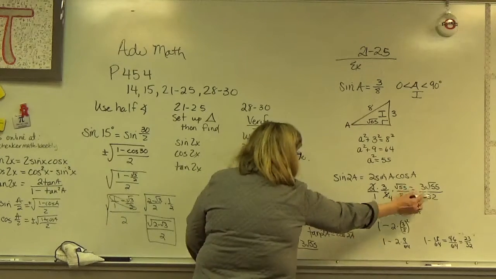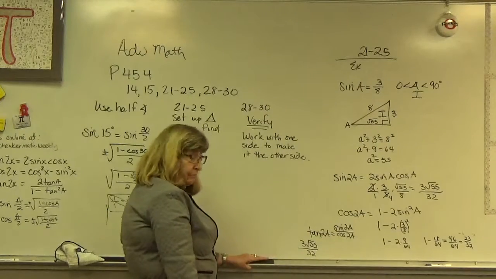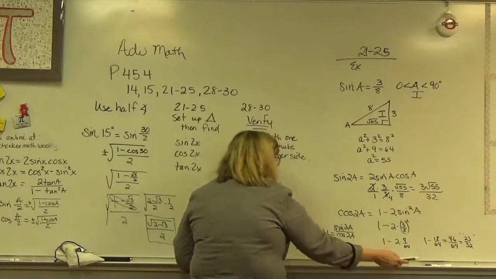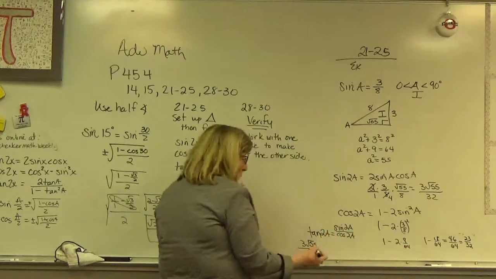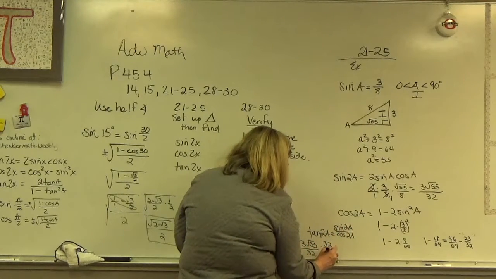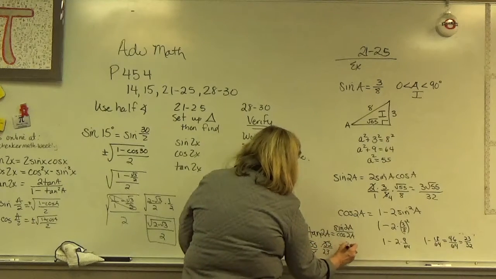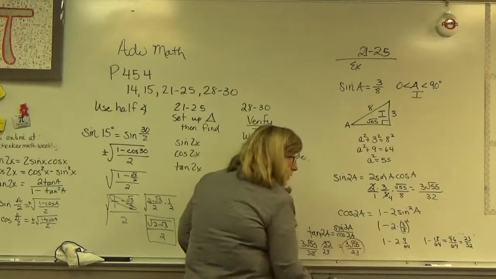It's 3 square roots of 55 over 32. Don't we already know what it is? And we're dividing it by the cosine, which if I divide, what do you end up doing? Invert and multiply. So the 32's are going to cancel. And I get 3 square roots of 55 over 23.